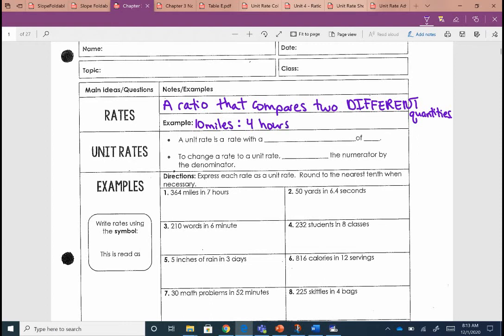Or maybe it's $5 and 7 sodas. $5 for 7 sodas. So we're comparing two different quantities. Miles are different than hours, dollars are different than how many bottles of soda we have.